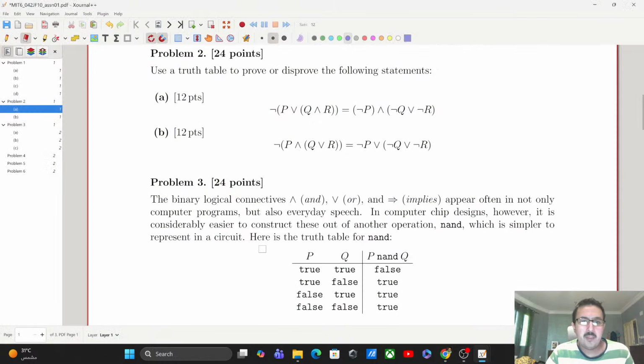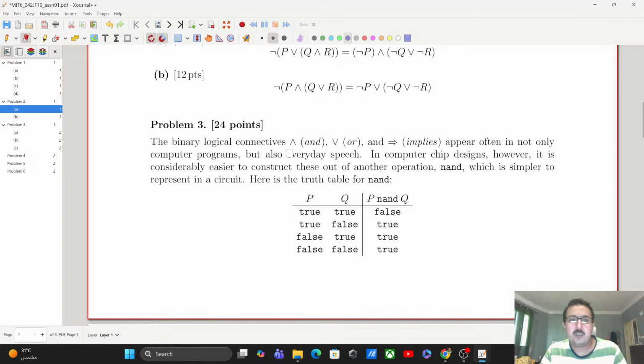3. The binary logical connective and, or, and implies appear often in not only computer programs, but also in everyday speech.